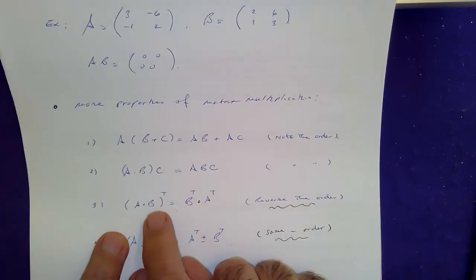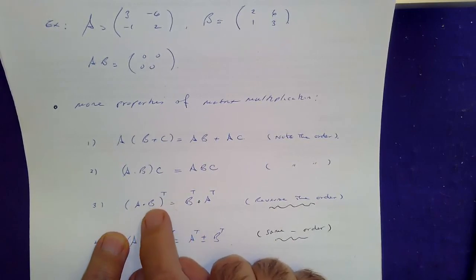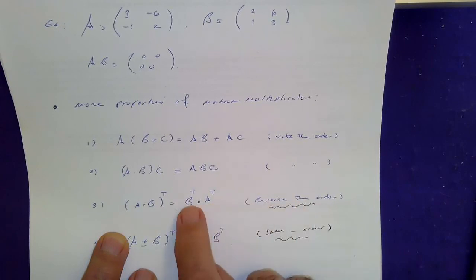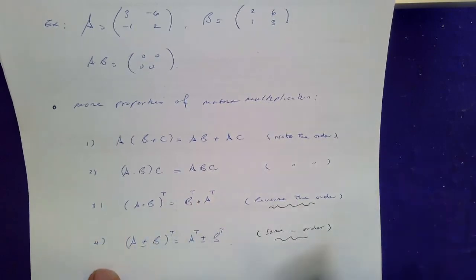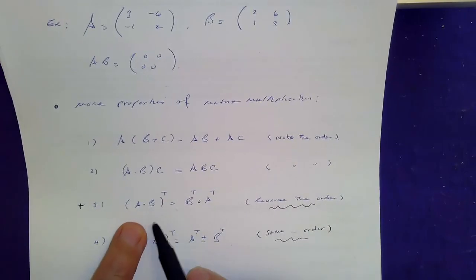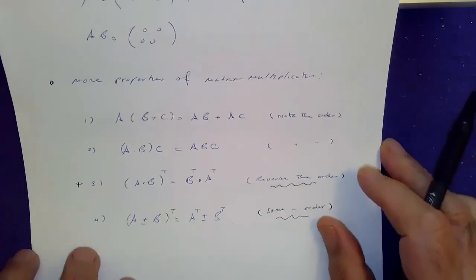If you take the transpose of a product of two matrices, the order gets reversed. So in this case, the answer is B transpose times A transpose. So make a note of it. The transpose of a product is the reverse-order product of the transposes of the original matrices.